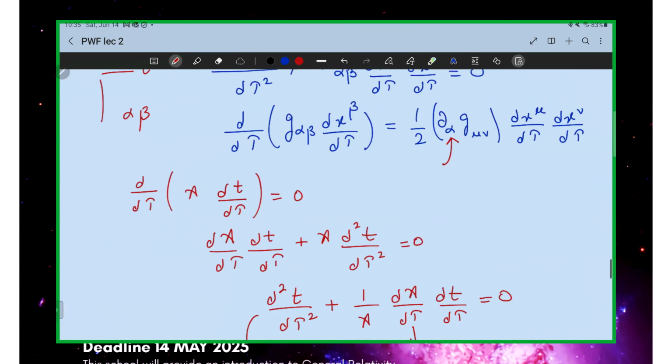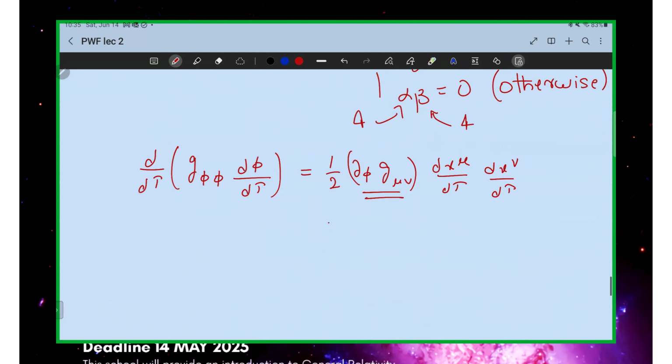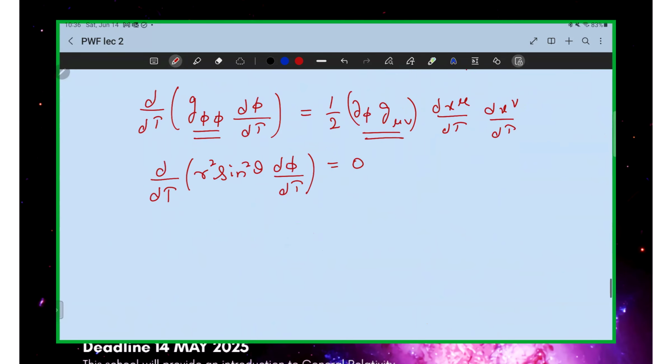So it means that this right-hand side is again 0, and this g_phiphi is r squared sine squared theta. And if you do the same thing that I did earlier, you will get something like this. You get 2 over r phi. You can do the math, I'm skipping the steps. You get something like this.